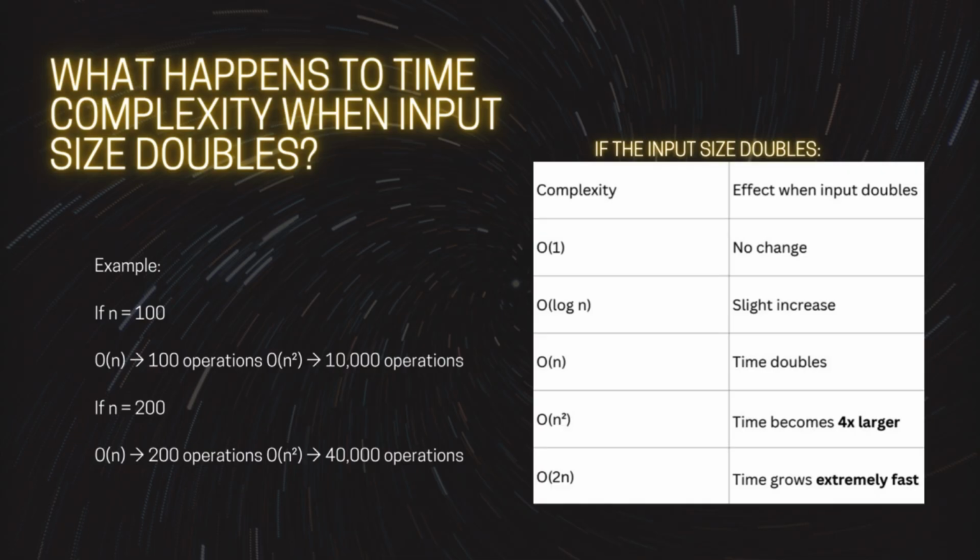This means the time increases slowly when the input gets bigger. O of n or linear time, this means if the input doubles, the time also doubles. And next is O of n squared or quadratic time. This means if the input doubles, the time becomes 4 times bigger.